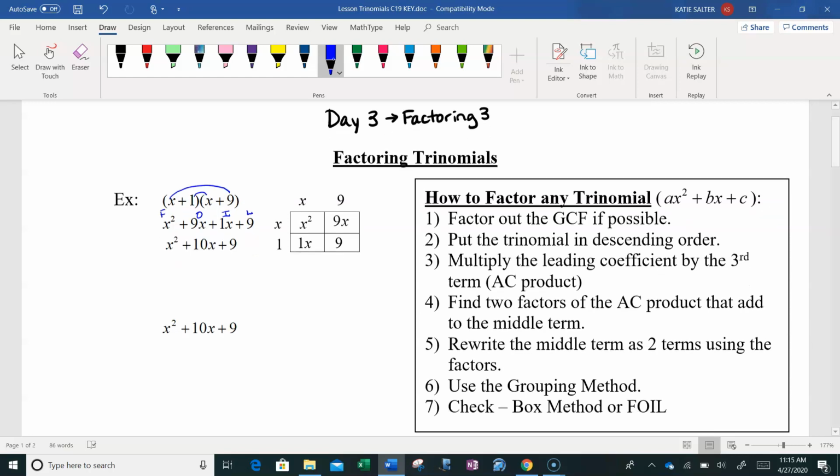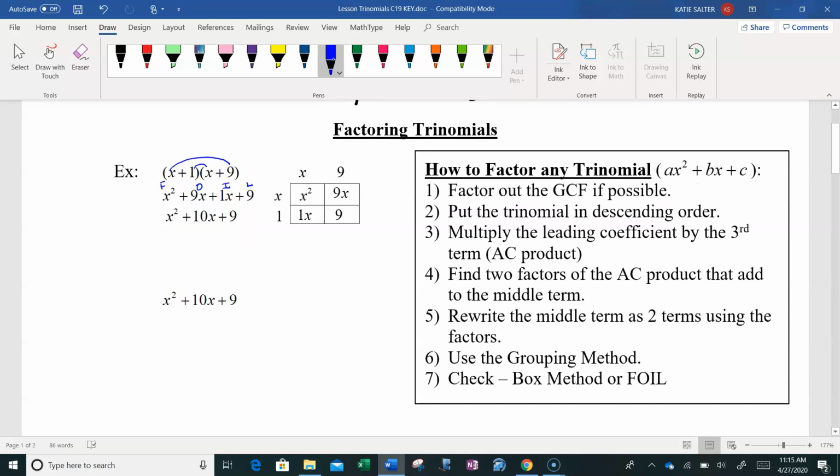All right, first step in factoring any polynomial is to always factor out the GCF if possible. Always check to see if all your terms have something in common. The next step is we're going to put our trinomial in descending order. So a basic form that we use for a trinomial is ax squared plus bx plus c, and that's that descending order.